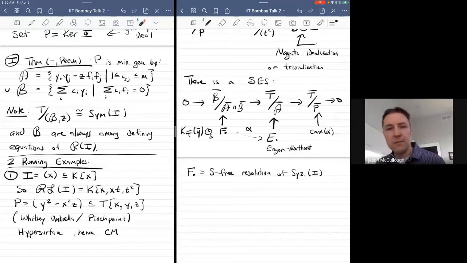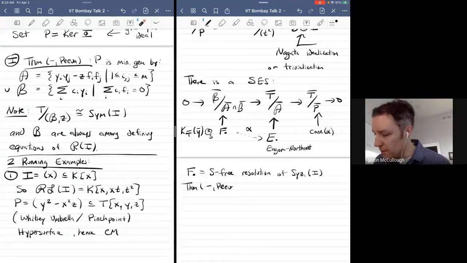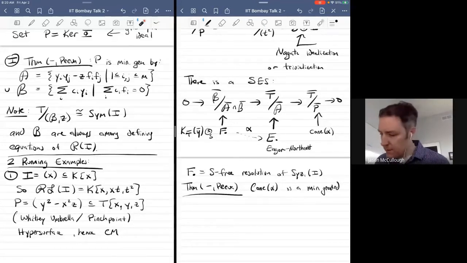Typically, this may not be a minimal resolution, but in our case, we show that it is. So what we prove is that the cone of alpha is a minimal graded T-bar free resolution of T-bar mod P-bar.